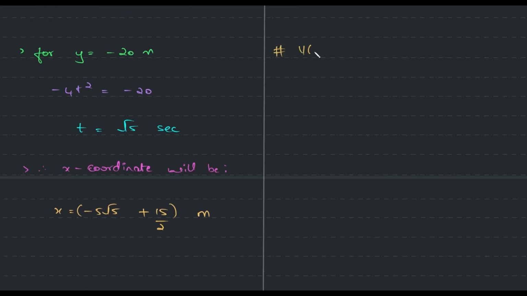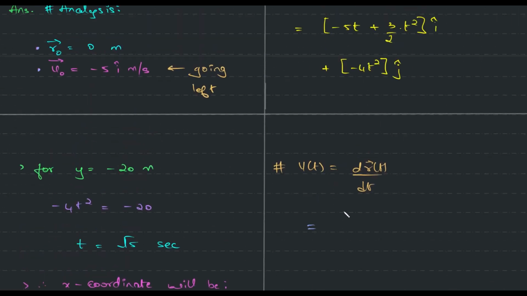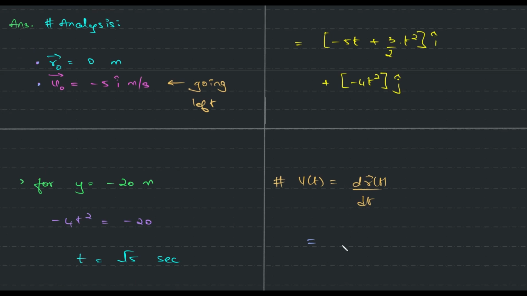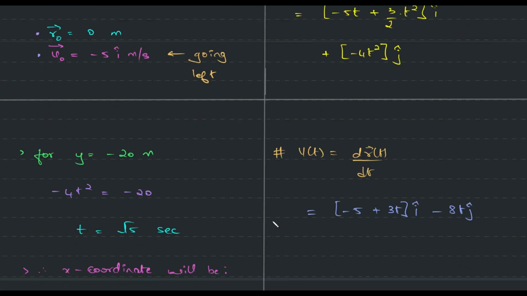So v of t I can figure out with, oh yeah, I didn't do this for previous question. I should have done this. I can just take a differentiation. So this would be minus 5 plus 3t i cap minus 8t j cap. Okay, and then we have the speed at that time.